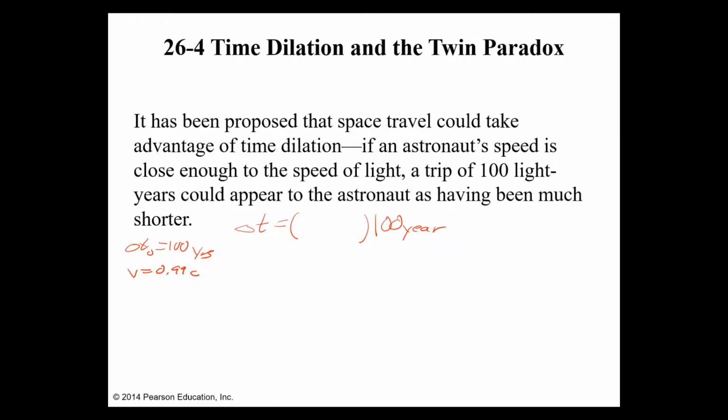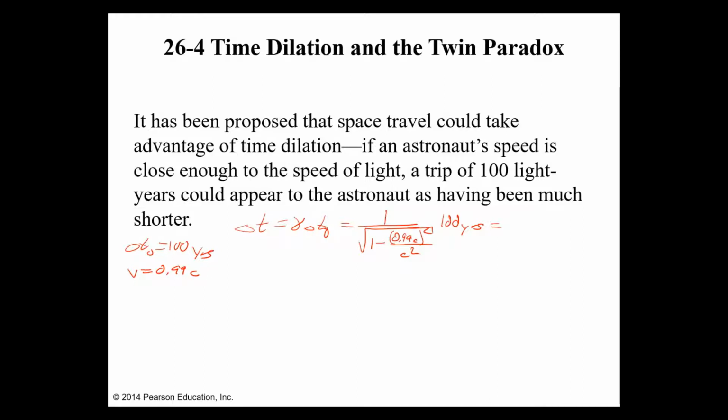Okay, so let me rewrite this here. We know that the relativistic time is the relativistic constant times the proper time. Well, 0.99 times the speed of light would be 1 over the square root of 1 minus (0.99 times the speed of light) squared, divided by c squared, that's our gamma constant, times 100 years.